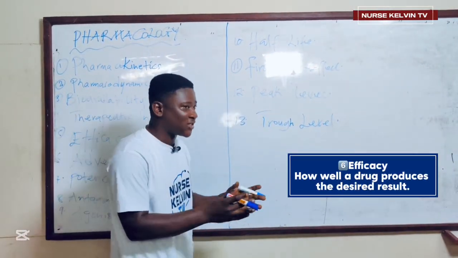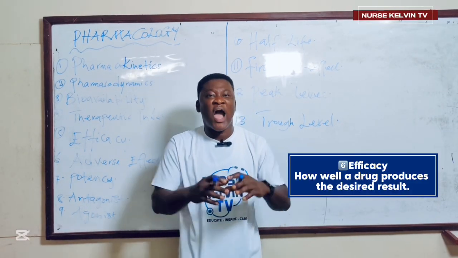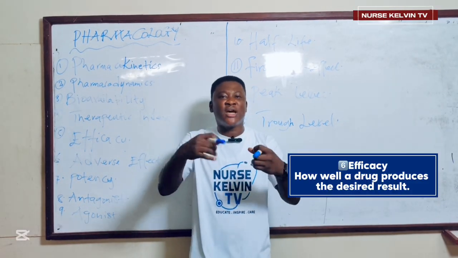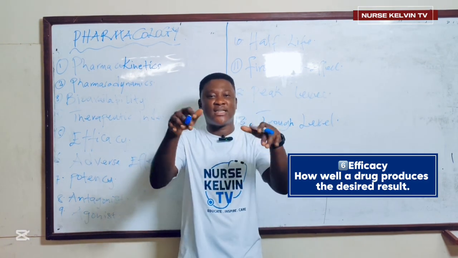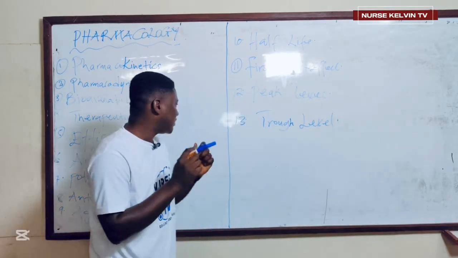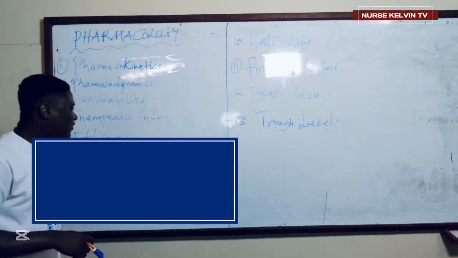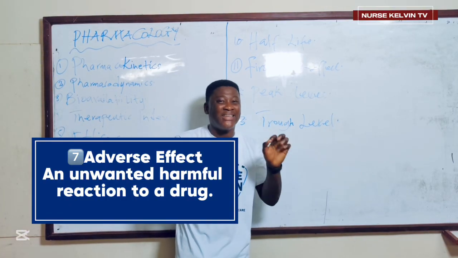When we hear of efficacy, you've taken in the medication, so it's talking about how well that medication is going to produce the desired results. That's what we term as efficacy. Then we have adverse effect. When we hear of adverse effect, it's different from side effect.